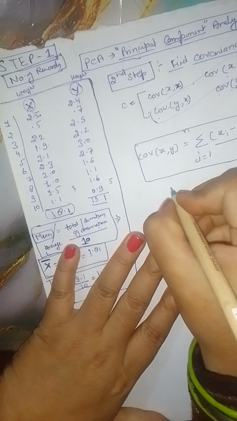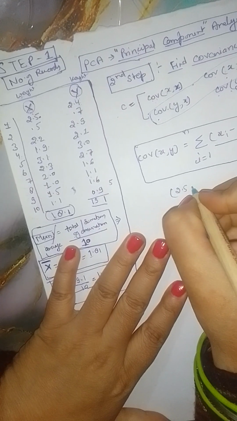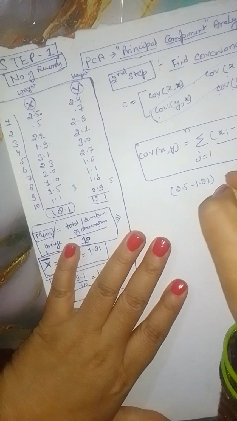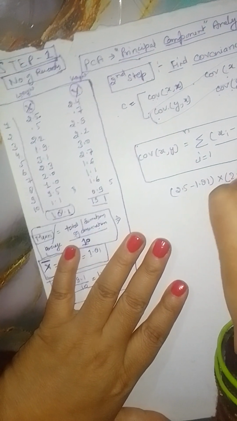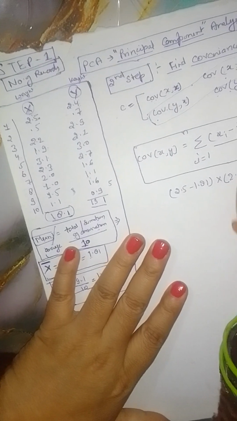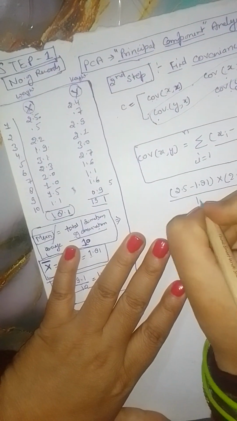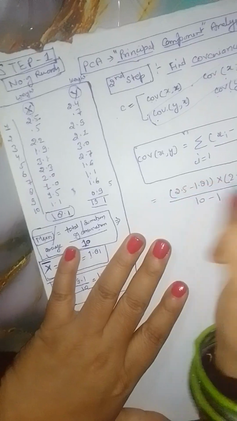After that it would come 2.5 minus 1.81 multiply 2.4 minus 1.91 divided by 10 minus 1. That would be the thing.